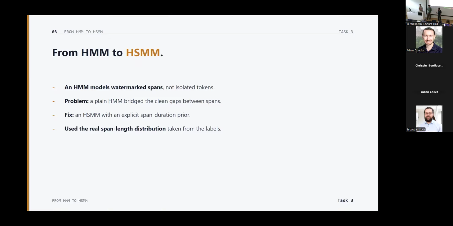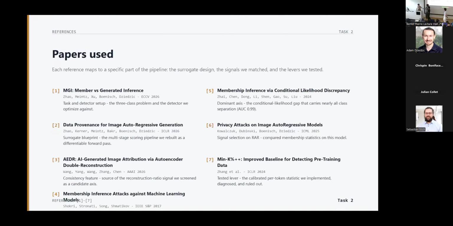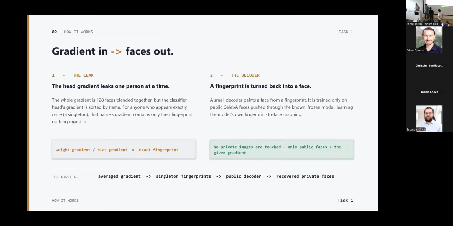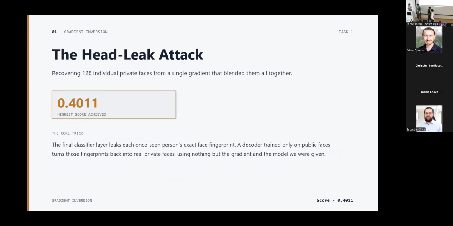I would also be curious about your head leak attack again. Can you go back and explain in simple terms? Because we've written a paper that looks into the first layer and tries to extract directly there. Yes. So we essentially look at the last layer, because we realized that if we looked at the gradients, we saw that we had different photos, like 128 photos.